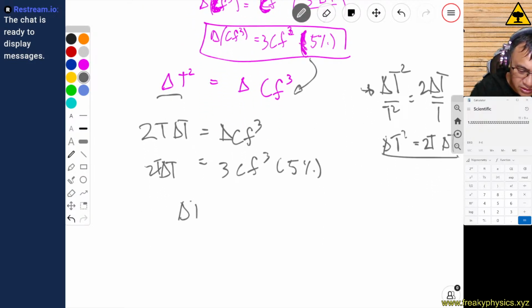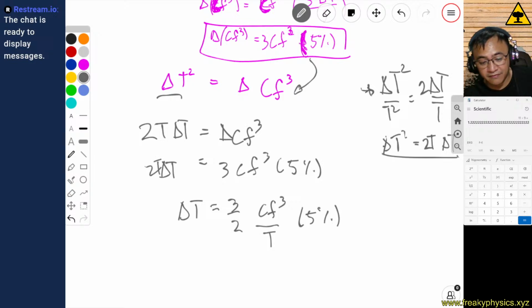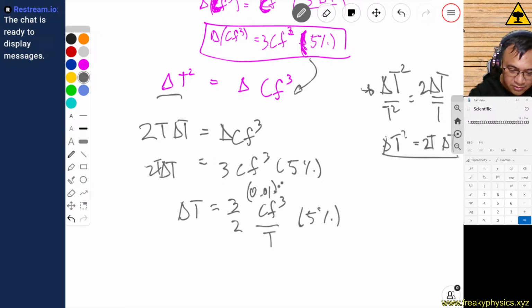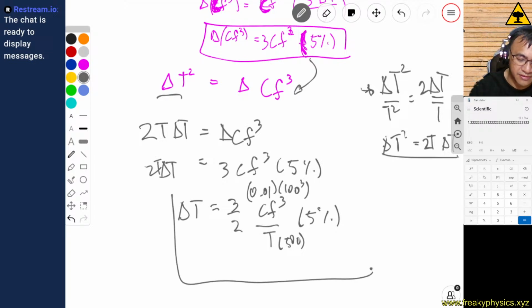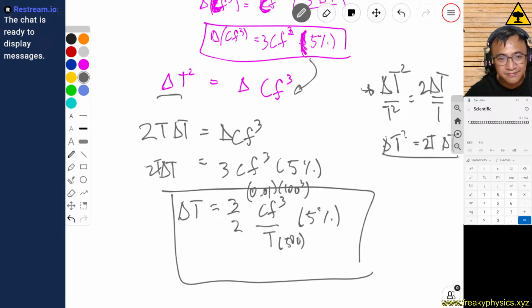So delta t is equal to 3 halves cf cubed over t times 5%. We now plug in our values. This is 0.01 from given. This is 100 cubed. And our temperature is 500. Find, and you're done. Okay?